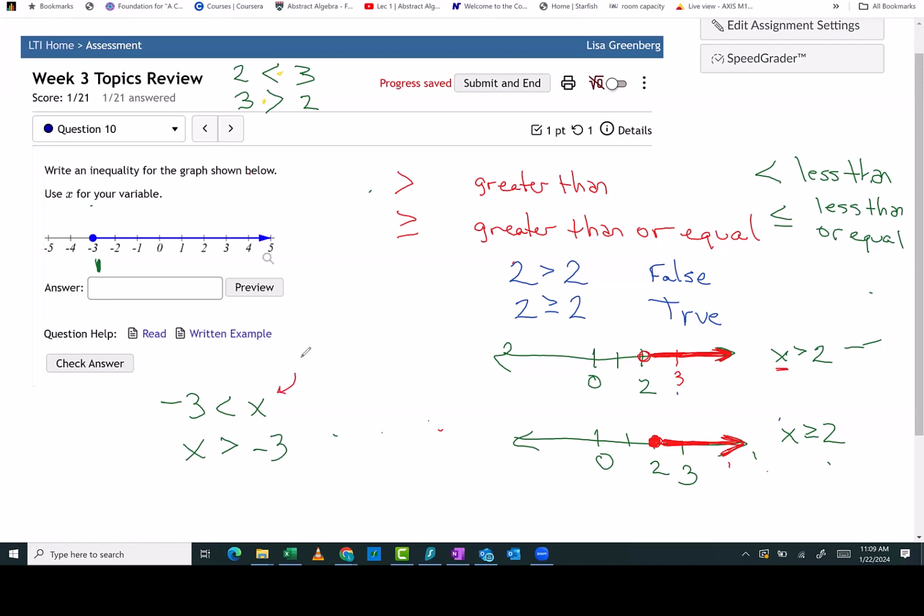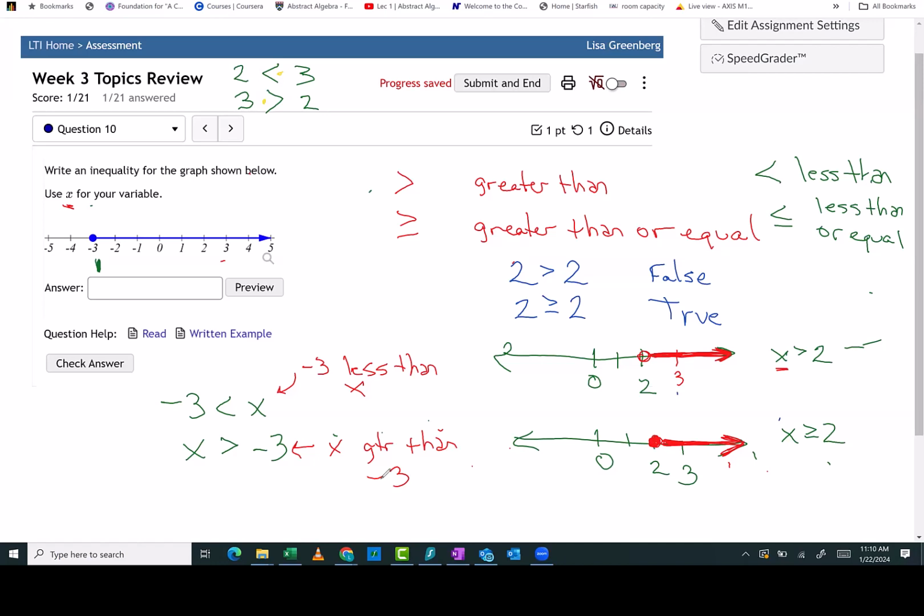This says -3 is less than all my values I'm calling x, because it tells me to use x. This one says x is greater than -3.